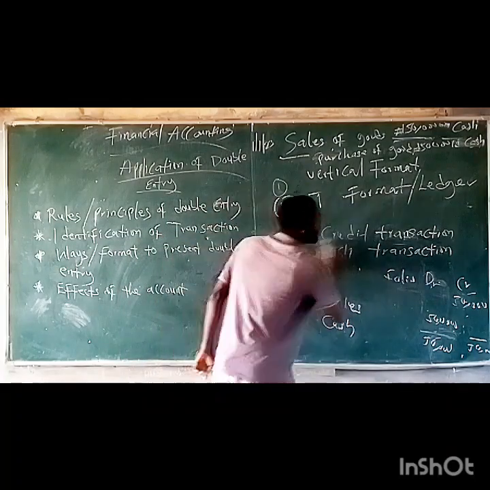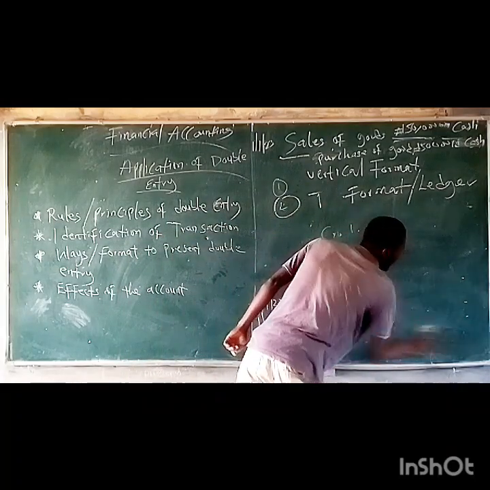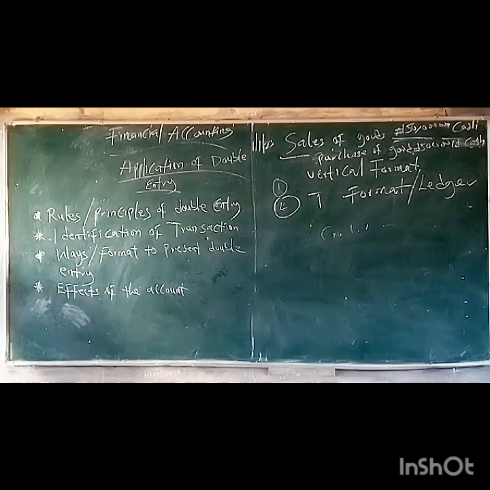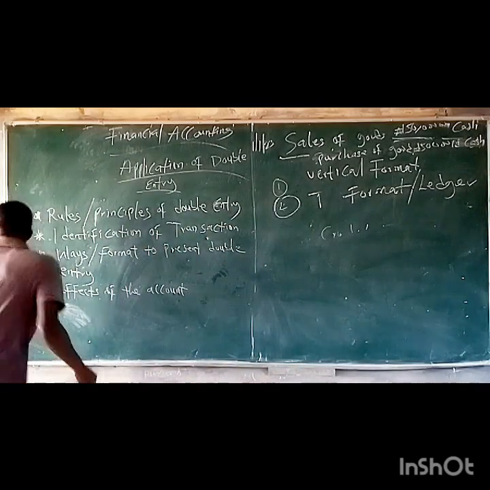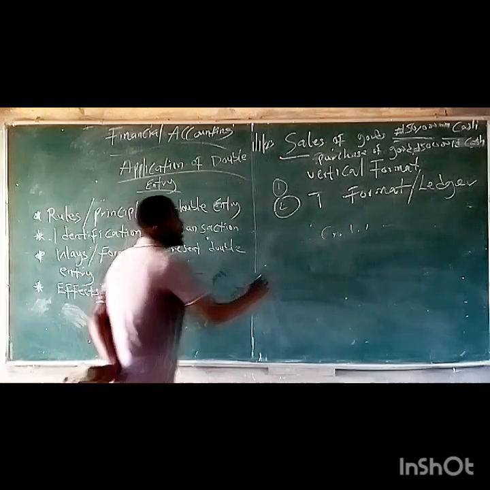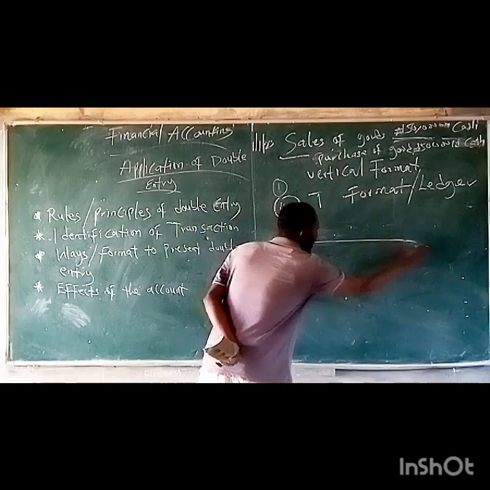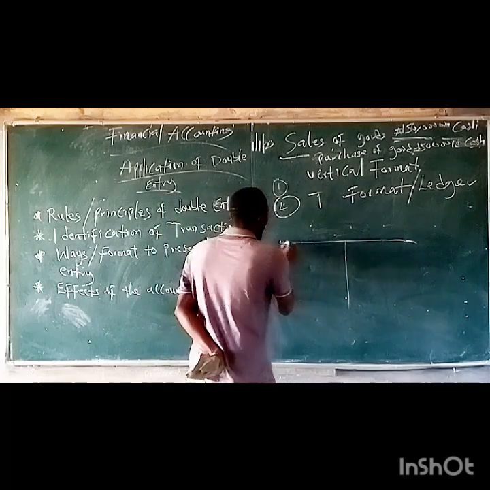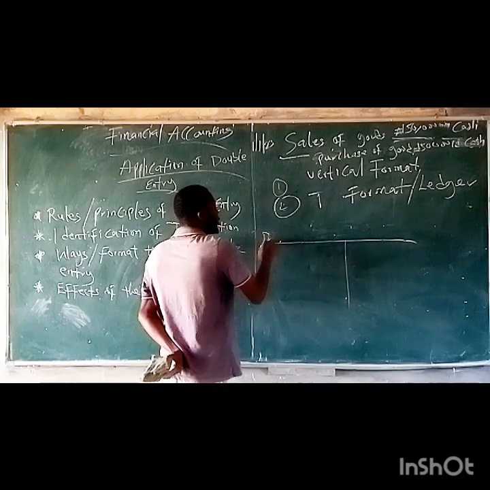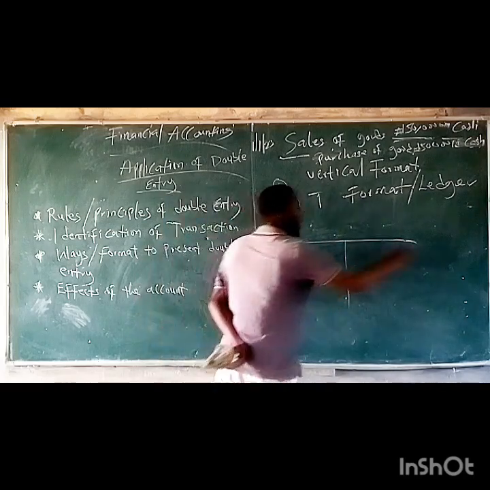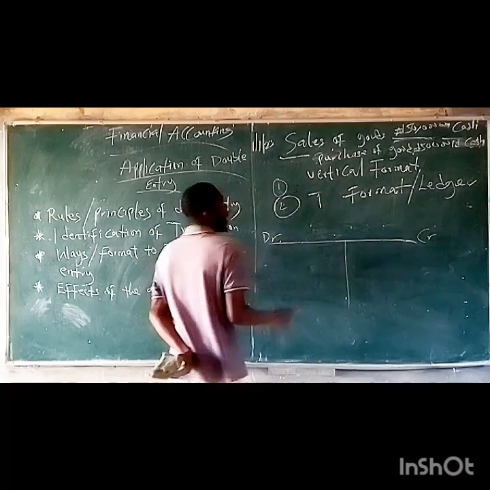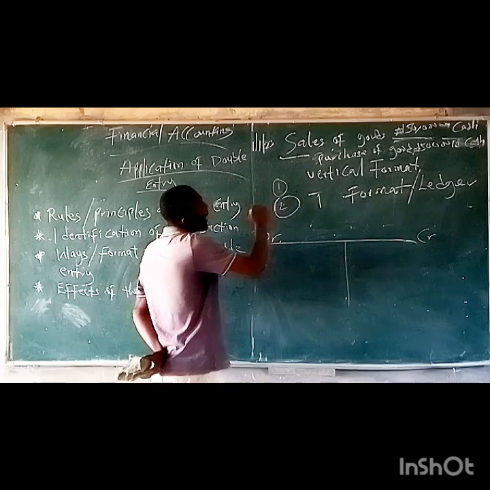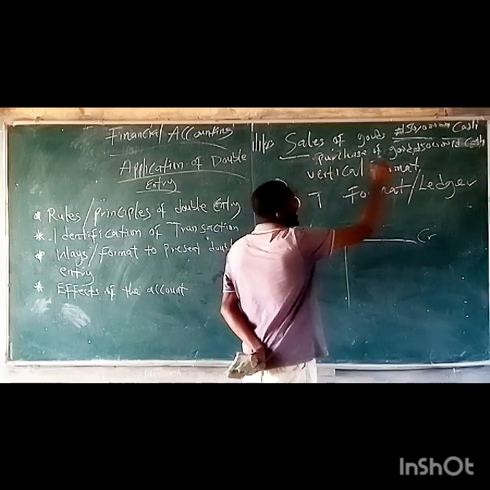Now, while presenting our T format, we know that it looks like a ledger. This is my T format. While applying the double entry principle, we know that this side is our debit, while this side is our credit. Now I'm going to apply the two illustrations I gave earlier. We said sales of goods, 50,000 naira in cash.